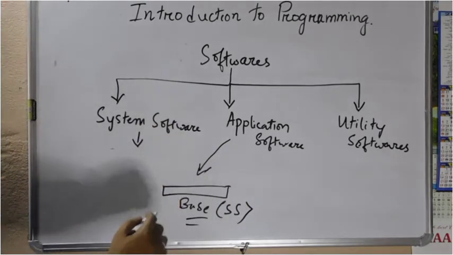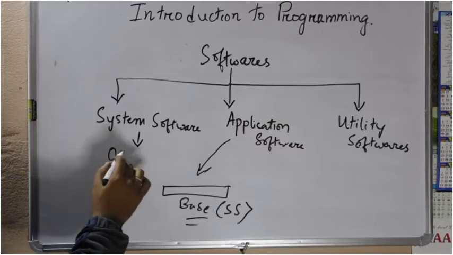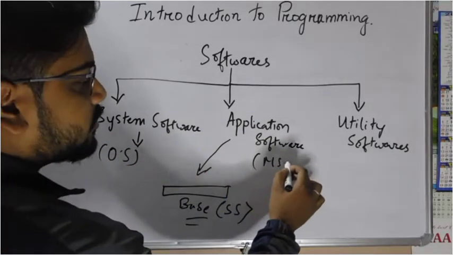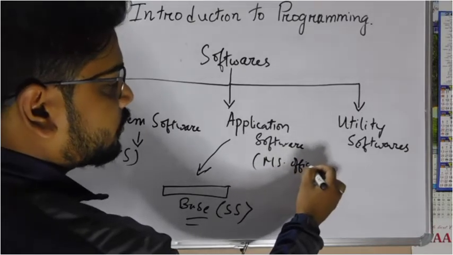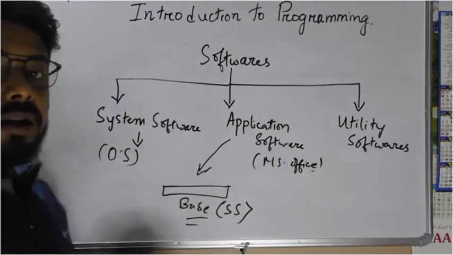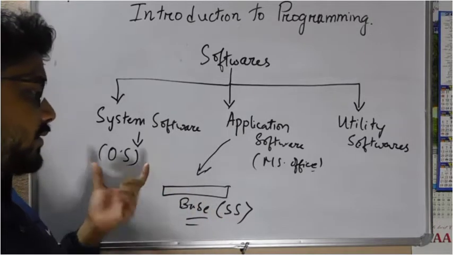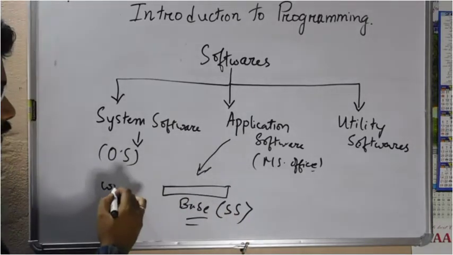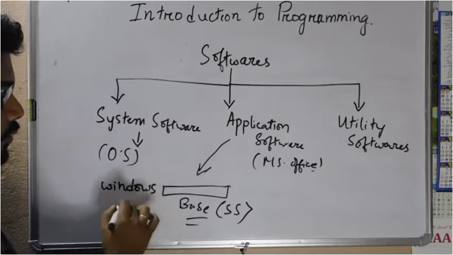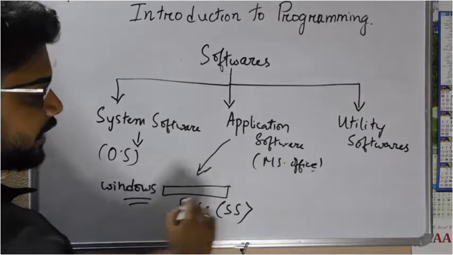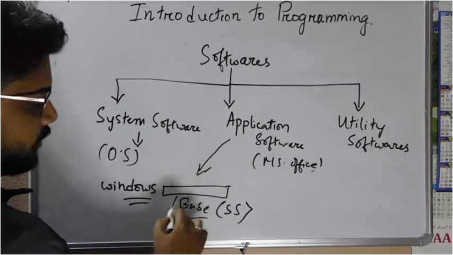Since you all know that system software is, for example, the operating system, and application software is, for example, Microsoft Office, students, just tell me: without having an operating system, for example without Windows, will you be able to install MS Office on this platform, on this base?